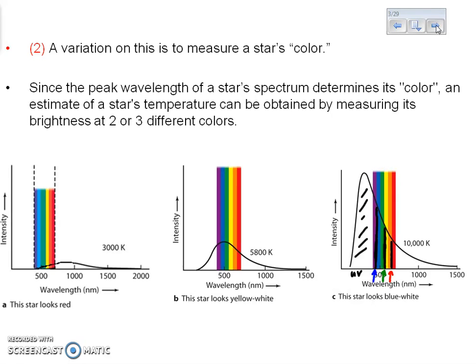And in fact, astronomers use filters when they try to use this technique. They will use what's called a B filter to let through just the blue and violet light. They will use a V filter to let through mostly the green and yellow light.